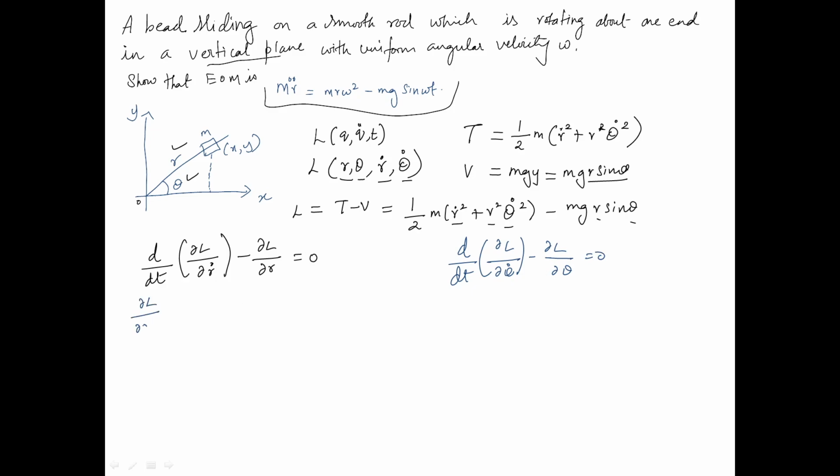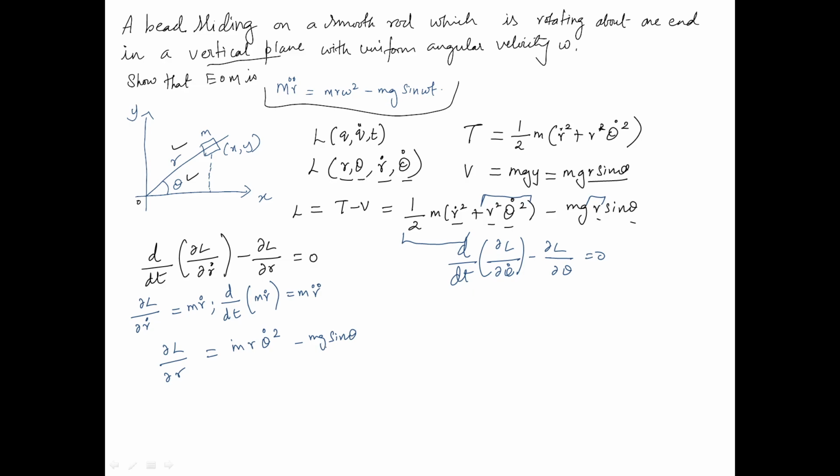Dou L by dou r dot: only in this term will you have r dot, so dou L by dou r dot is m r dot, and d by dt of that is m r double dot. Then dou L by dou r: the r term is present in both the terms, so once we differentiate with respect to r, we get m r theta dot square minus mg sin theta.